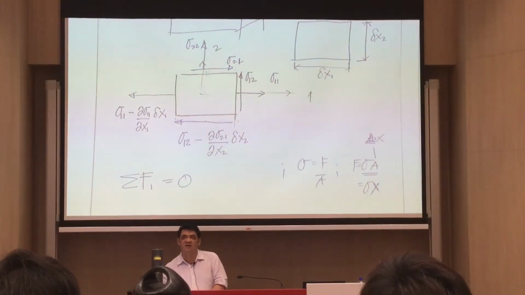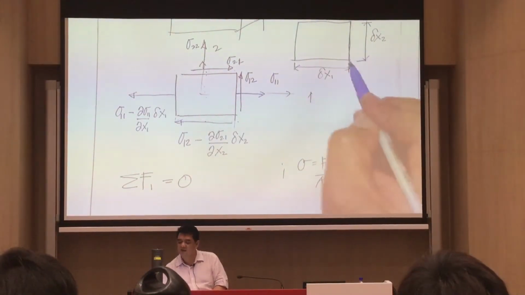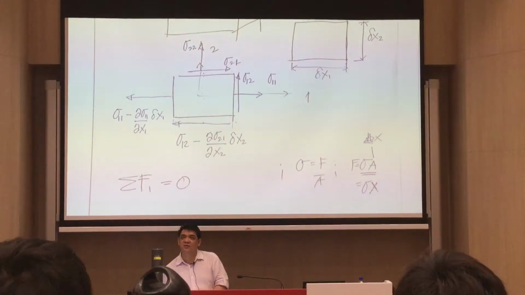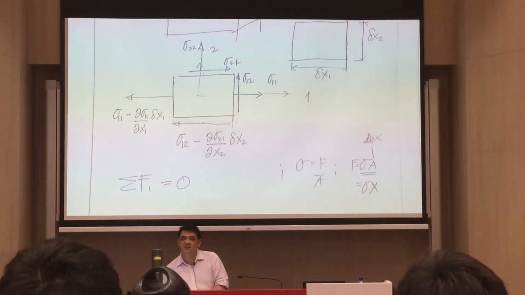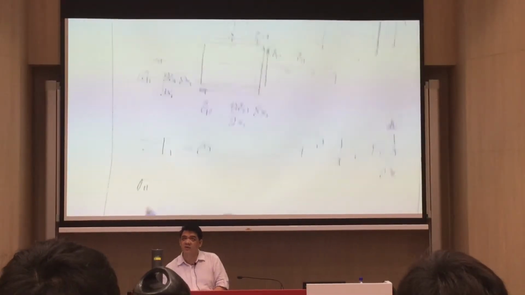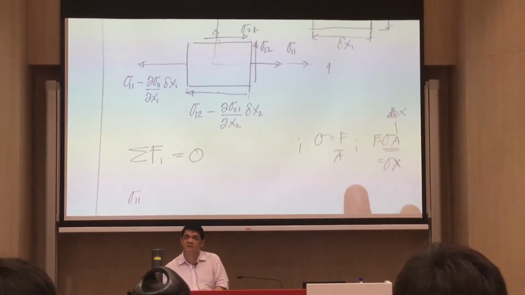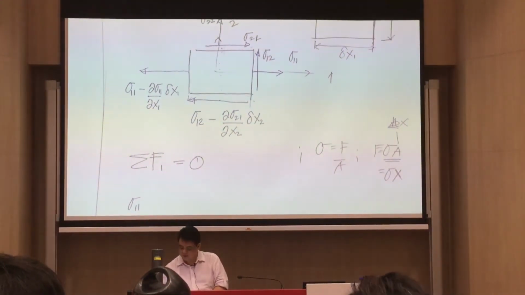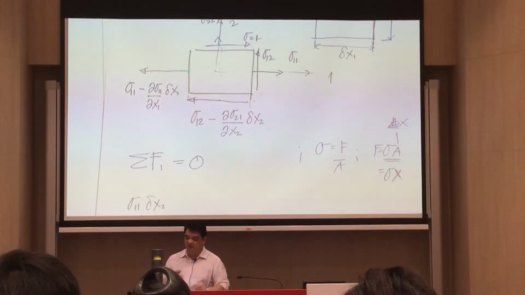But you cannot have an area, you just have a distance, this one here. So sigma 1,1 multiplied by delta x2. Yes? Let's move to the other side of the equation.